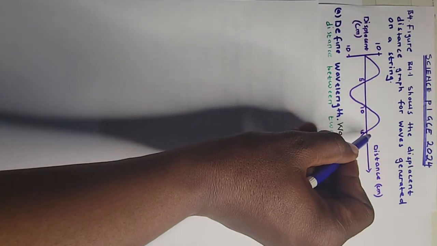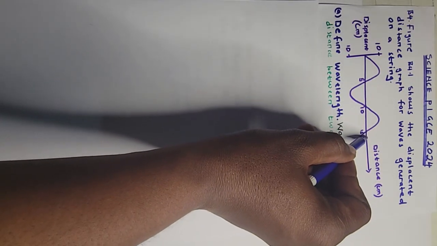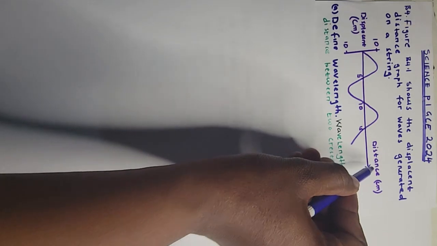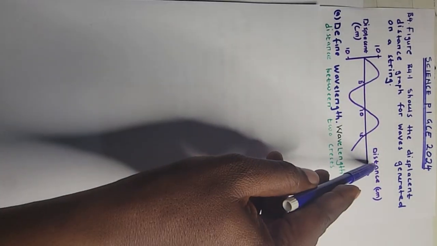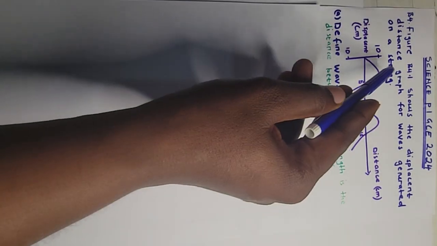Right. So this part here is called the resting point. This is the resting position of a wave. I want you to follow me very attentively here. So this is the resting position of the wave, and we also have the crest.